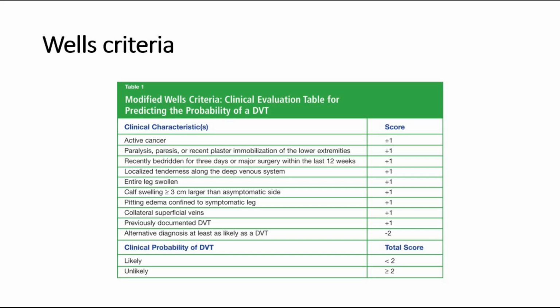So there are a few components over here, which includes active cancer, paralysis of the lower extremities, recently bedridden for 3 days, or having a major surgery recently, localized tenderness, swollen leg, calf swelling, and also others, which you can see over here. So we add on the score, and if the total score is less than 2, the clinical probability of DVT is likely, whereas 2 or more is unlikely.